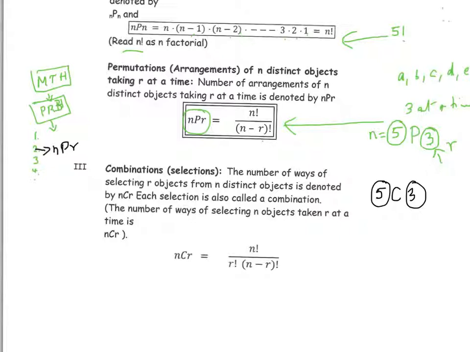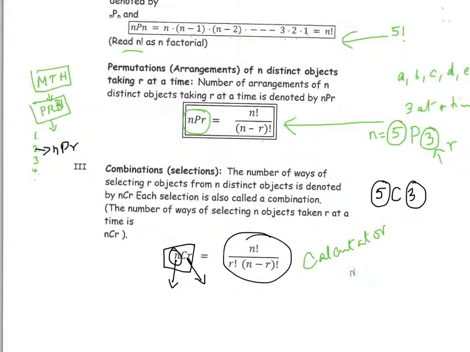So nCr is the number of selections of r objects from a total of n objects, and this is the formula that is used. But I suggest in problems just use your calculator function, which is the nCr function. That is much quicker instead of entering all the factorials.